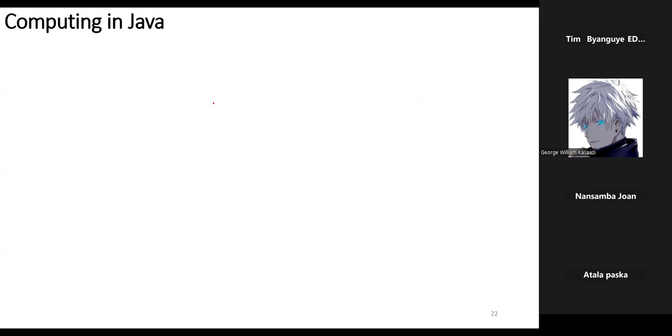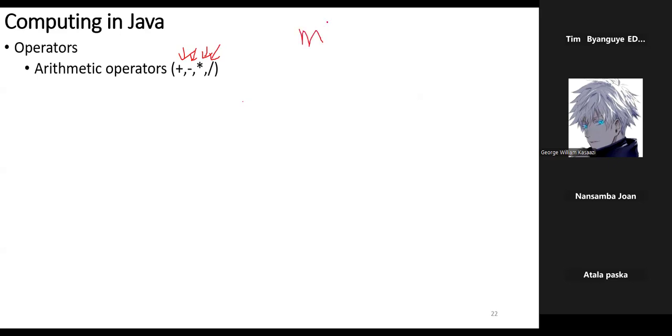How do we perform computations in Java? It's pretty much the same as other languages, where we use operators. These include arithmetic operators like plus, minus, the asterisk for multiplication, and the forward slash for division. Do you now see the reason why M stroke H was considered an invalid variable name?